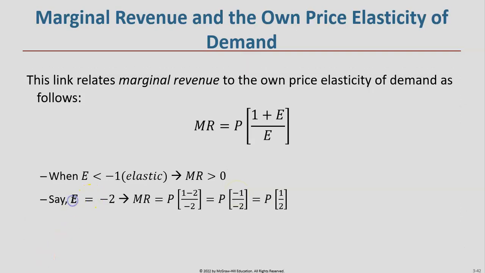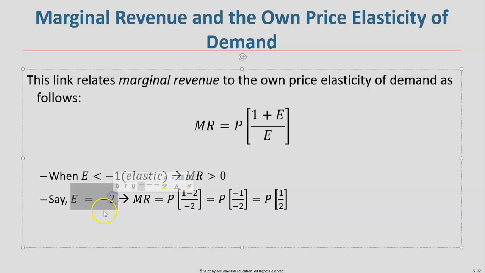So let's say the own price elasticity of your product is -2. Okay, so marginal revenue is equal to price, and you just plug in -2 for E in this formula above. So price times 1 minus 2 divided by minus 2 equals price times -1 divided by -2.